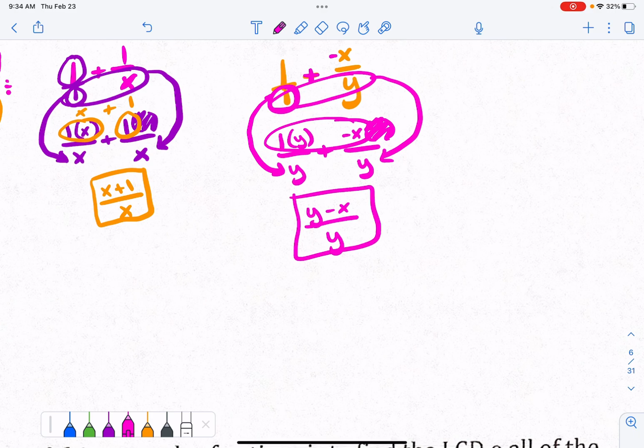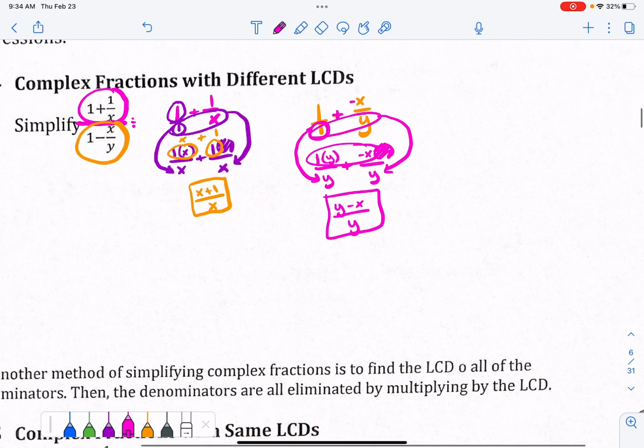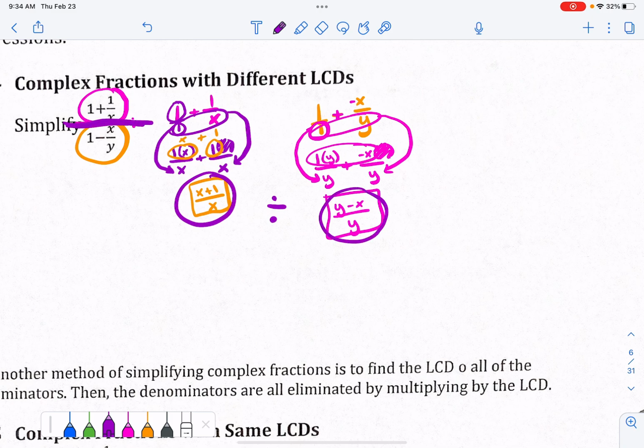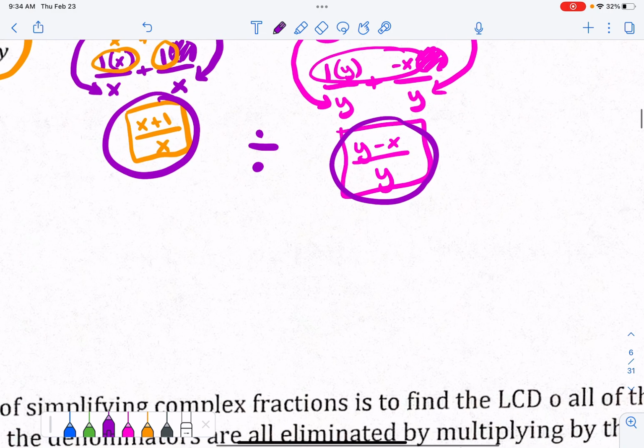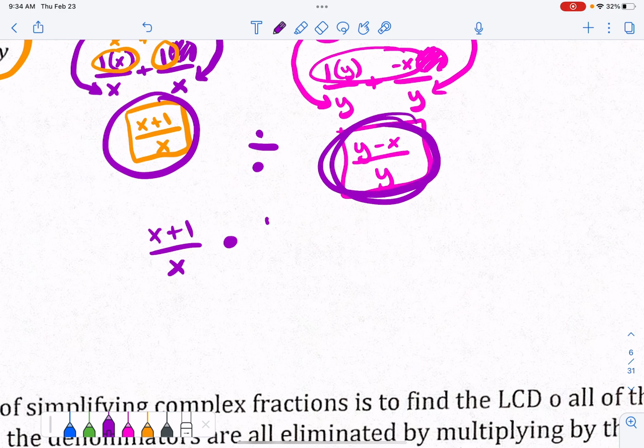So then, last thing, we have this one divided by this one, because that's what this bar means. This means division, okay? And we know from the last section that if we're dividing, we're going to keep, flip, so that one gets kept, and we're going to multiply by this one flipped. So y over y minus x, okay?